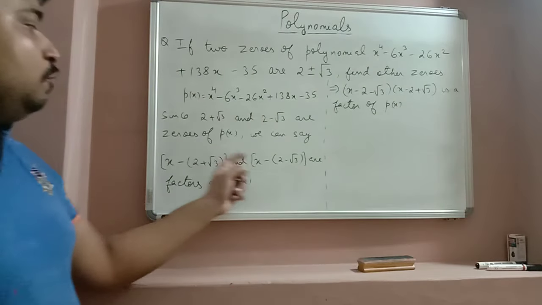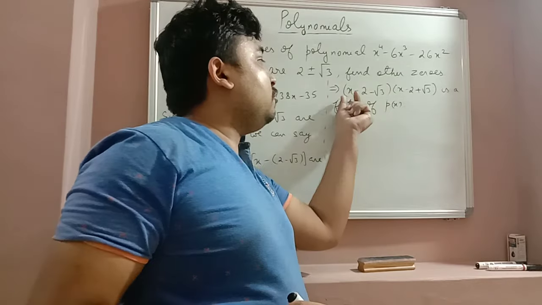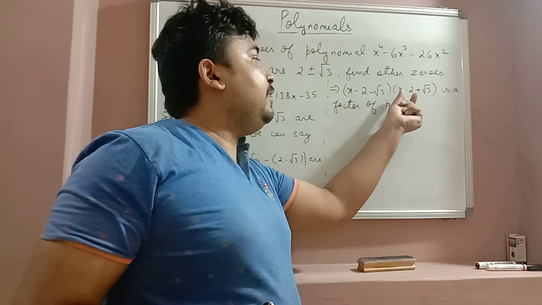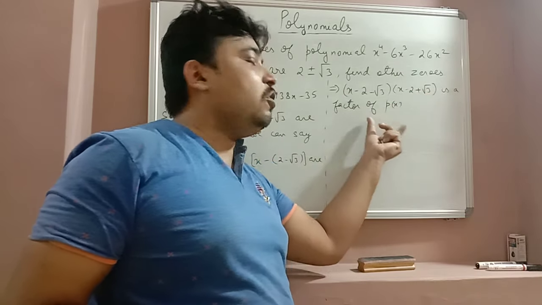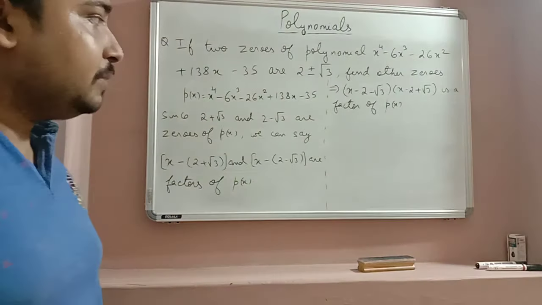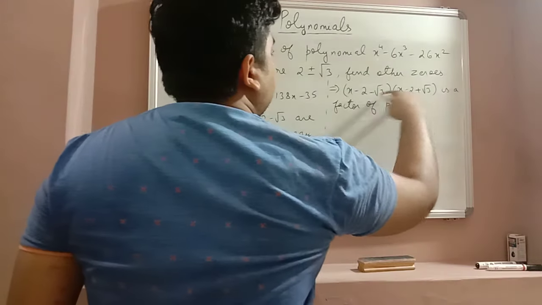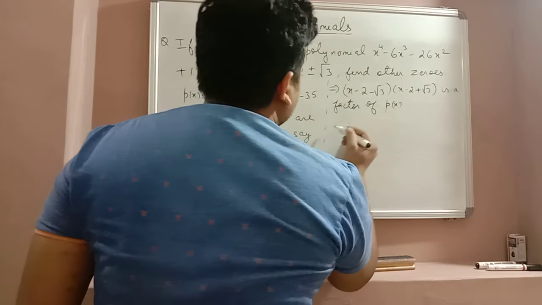So the product of the two factors is also a factor of p of x. Now let's simplify this, multiply this trinomial into trinomial.